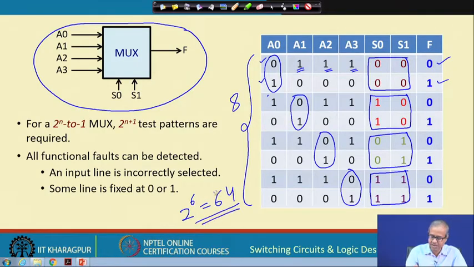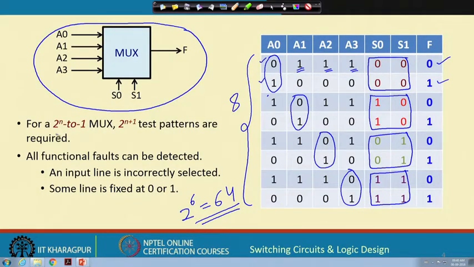So, instead of applying 64 possible inputs, we need to apply only 8 inputs to test the functional behavior of a multiplexer, right. This is the basic idea. We need not apply all possible inputs. We have to understand the functional behavior of the circuit we want to test. With respect to that, we can directly generate the test vectors. Okay? Fine.